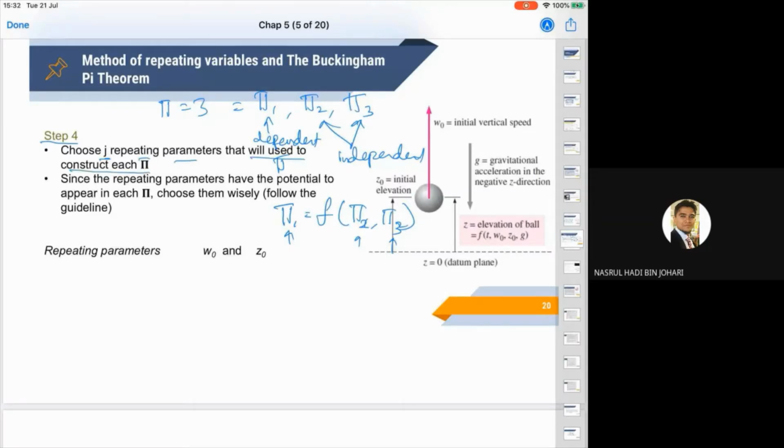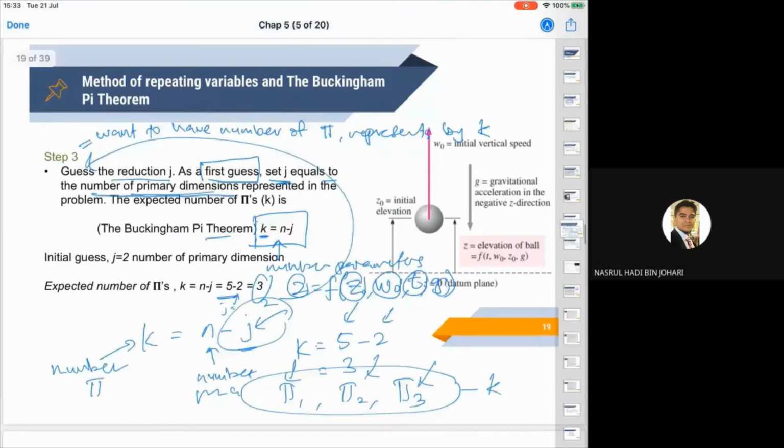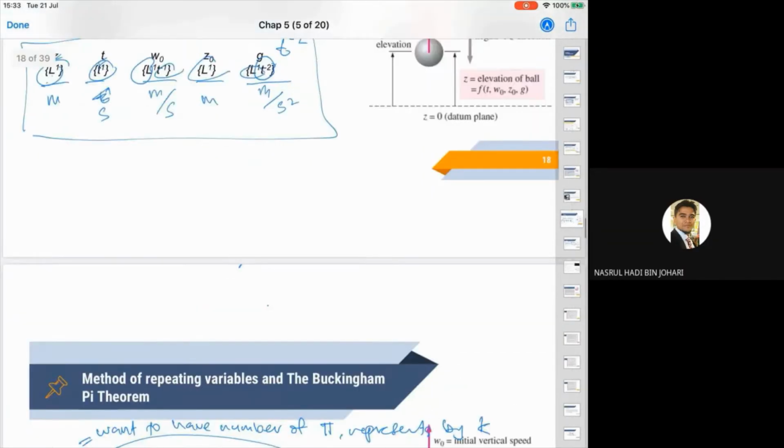Remember J, ingat tak kita kata kat sini tadi, reduction J, in this case we guess J is equal to the primary dimensions, right? So ada 2 je primary dimension dalam case ni, which is L and T, so we set as 2.